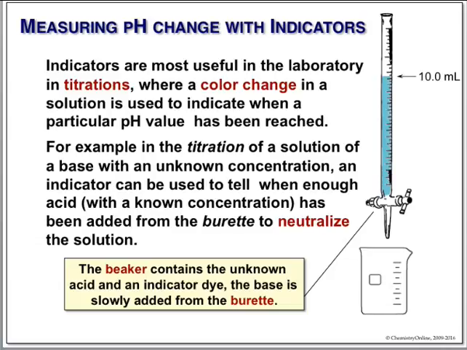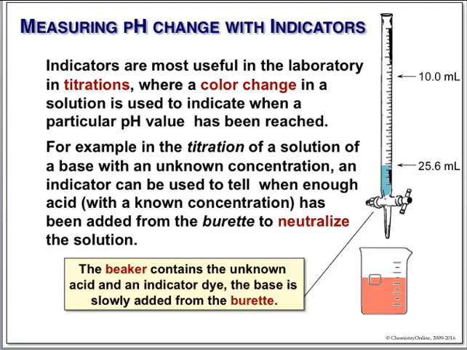You read the volume very carefully, so you know exactly where you start. Open this up, let it dribble in very slowly, and you stop it as soon as your color change happens. Now you know a starting volume and an ending volume. We are now at the point of neutrality.